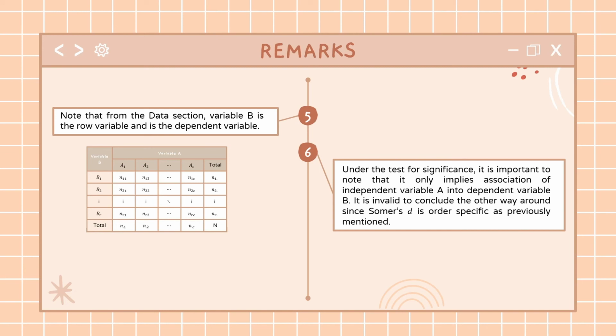So, note that from the data section, variable B is the row variable and dependent variable. Variable B is your row variable, row variable meaning ito. And is the dependent variable, as previously mentioned. Likewise, yung variable A natin is your column variable and your independent variable. Ito yun.